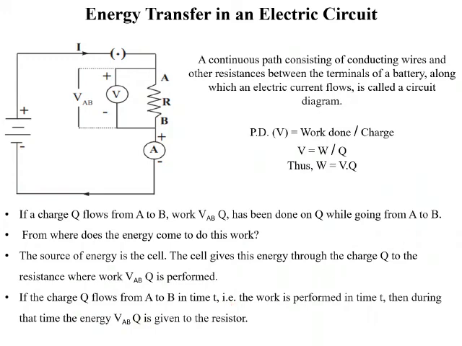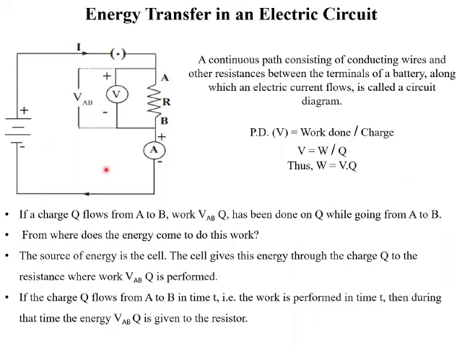So if we have to sum up what we have studied in this slide, we can say that there is a charge Q and it is flowing from point A to B of a resistor R. The time that the charge requires to move from A to B is time t, and this charge for moving requires energy, and this energy is being provided by the cell or the battery.